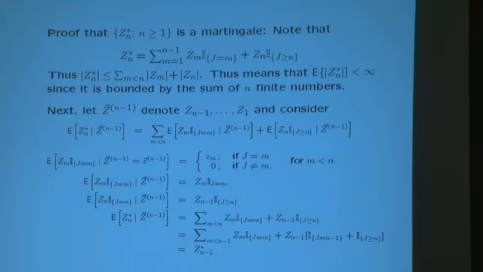There's nothing complicated about it. The expected value of this term here, the expected value of Z sub m times I of J equals m, given Z sub 1 through Z sub n minus 1. And now we're going to be childlike about it, and we're going to assume a particular sample sequence which is equal to little z sub 1 through n minus 1.